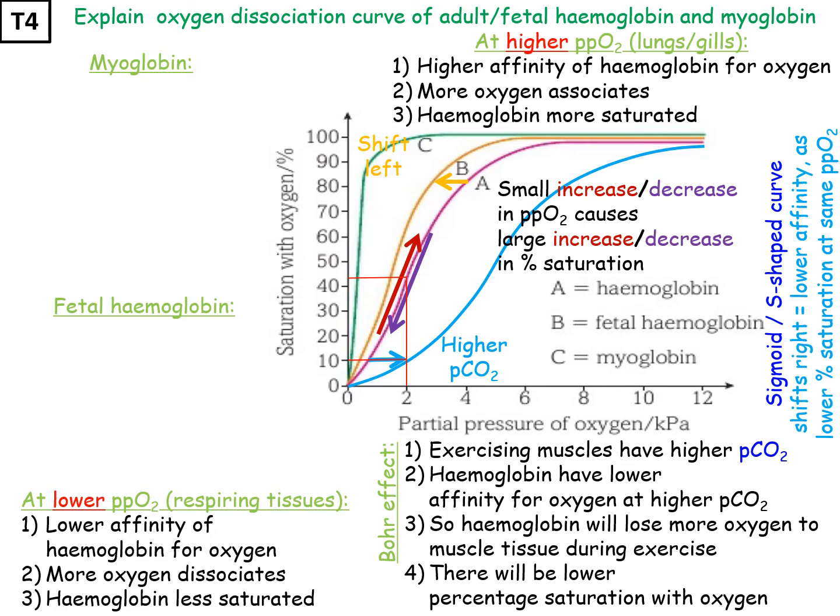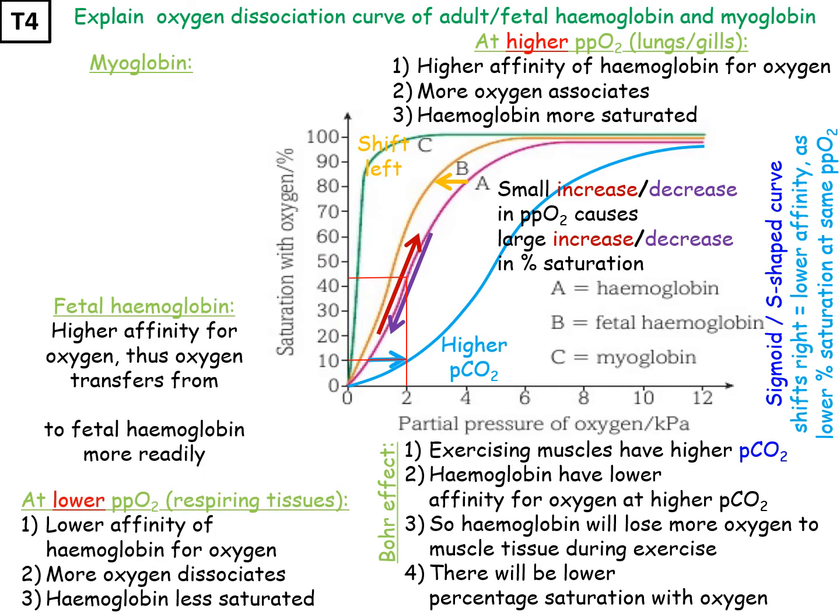With the oxygen dissociation curve being shifted to the left, this means there is a higher affinity, and this happens in fetal hemoglobin. There is a higher affinity for oxygen for fetal hemoglobin. This means that oxygen transfers from adult hemoglobin, in other words the hemoglobin in the mother, to the fetal hemoglobin more readily.